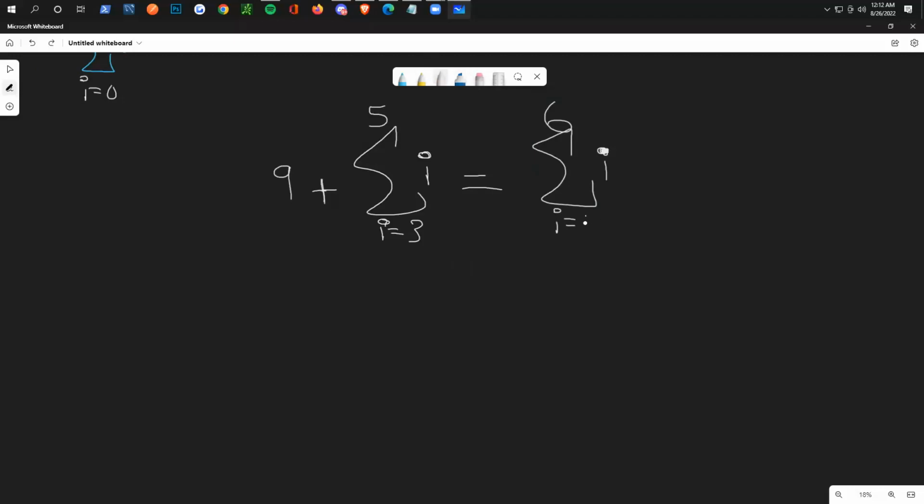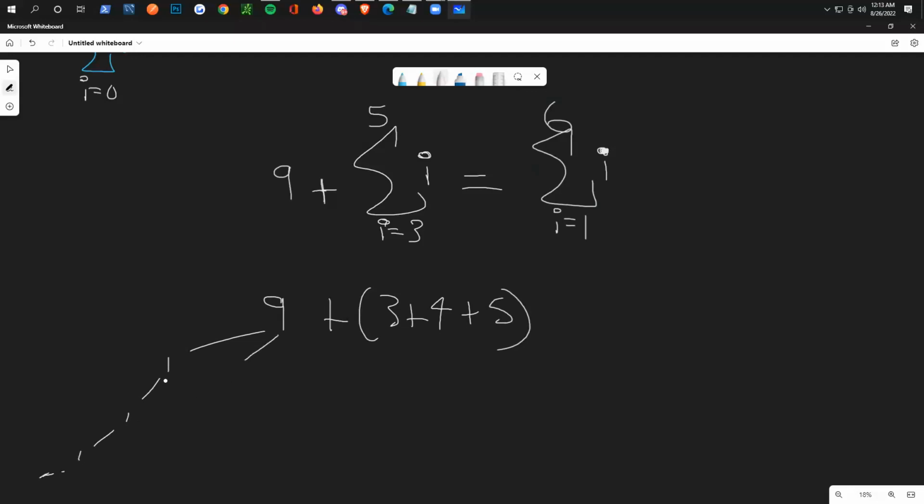So in this case, we have a summation 3 plus 4 plus 5, and then we have 8 plus 9. But let's think about it: how many ways can we get 9? We can add a bunch of ones, eventually we'll get to 9.